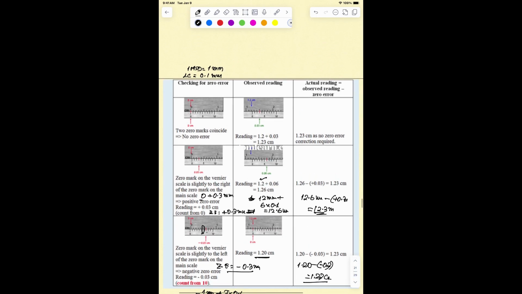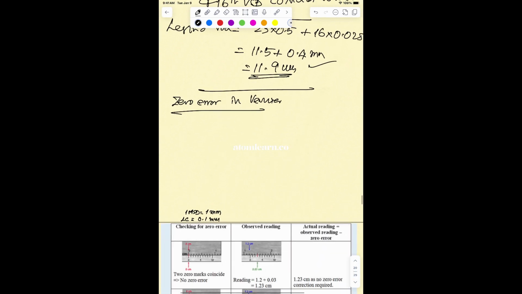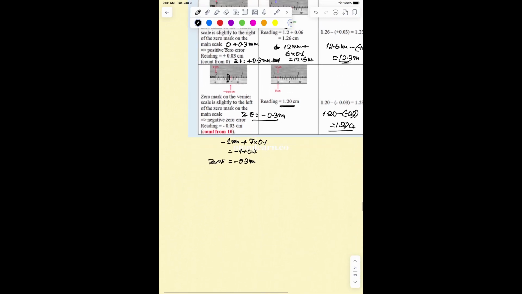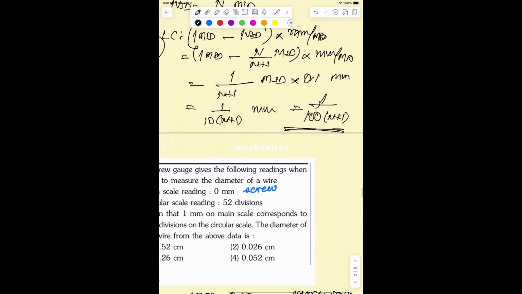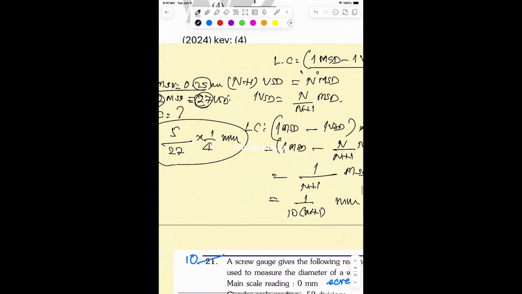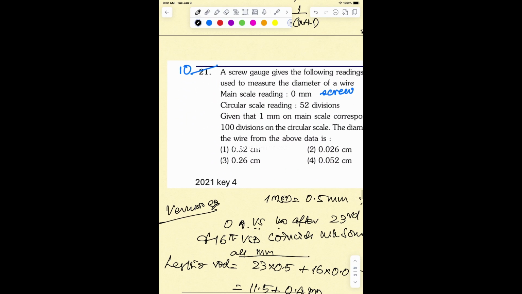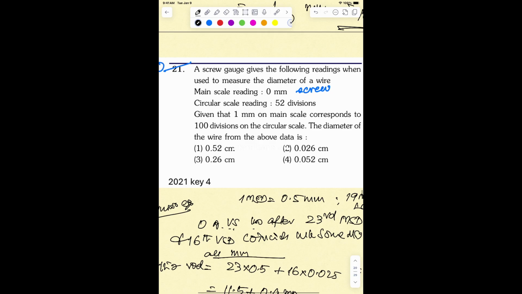Now we go to the screw gauge. Screw gauge is very similar. There you have the main scale, same as before, and the main scale division is much larger than in the Vernier, so not 0.1 mm.